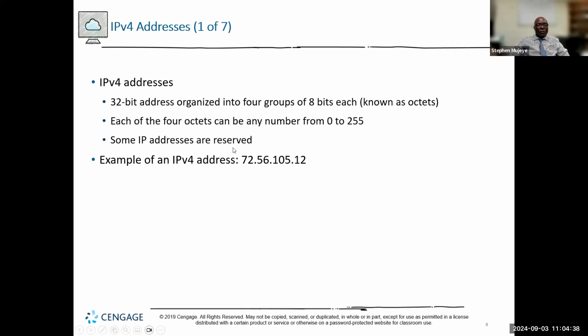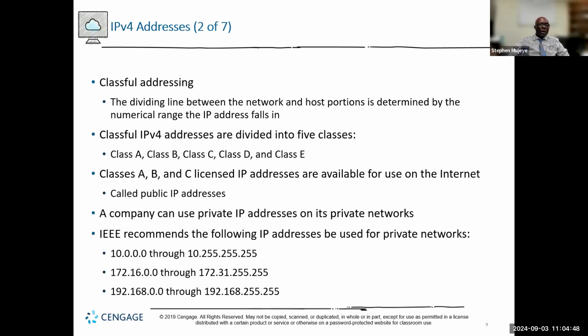Some IP addresses are reserved. So we have an example of an IPv4 address there, 72.56.105.12.